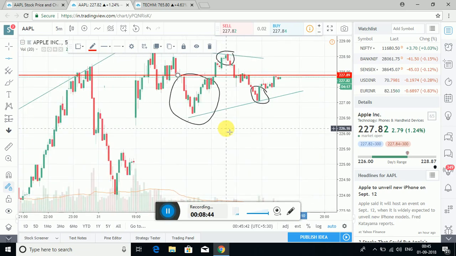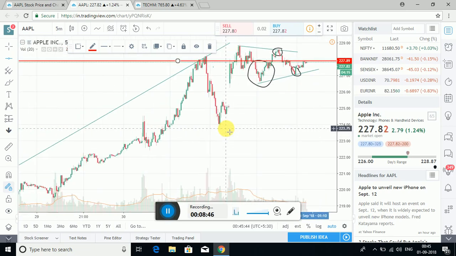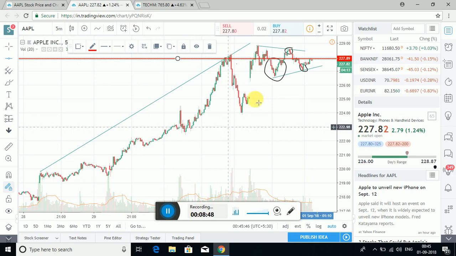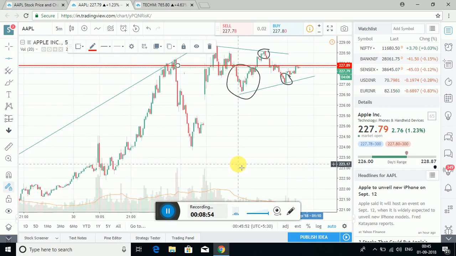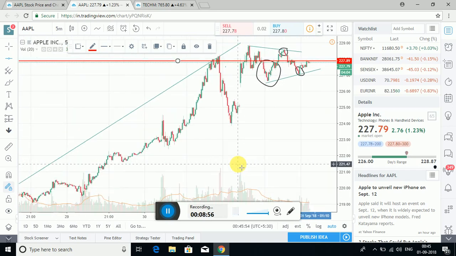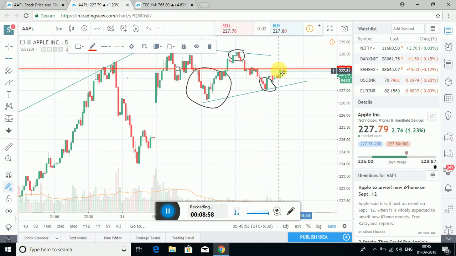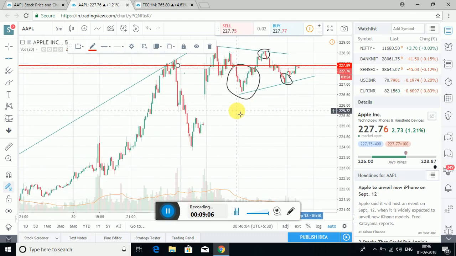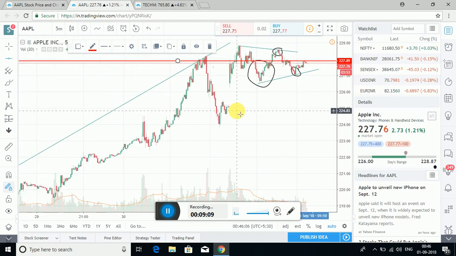But as far as I can see in this stock right over here, I don't think that the stock's going to break this level. This seems to be an important level for this stock, and if it breaks this level, there's definitely going to be some momentum in the script towards the upside. But as far as I can see, I don't think that the stock's going to break this level.